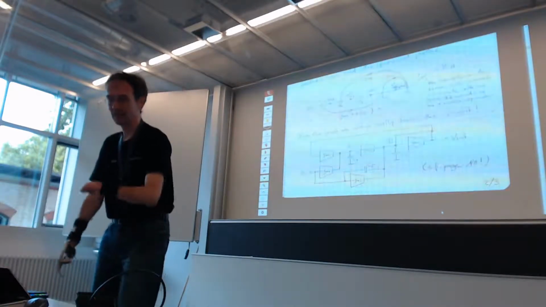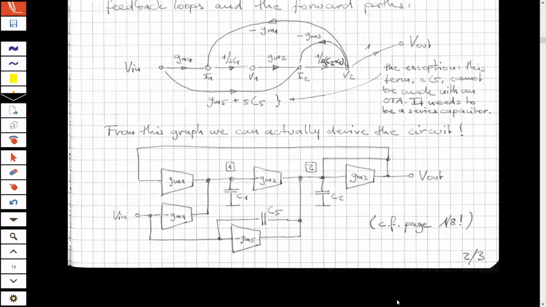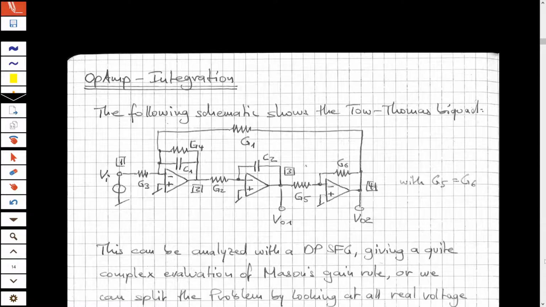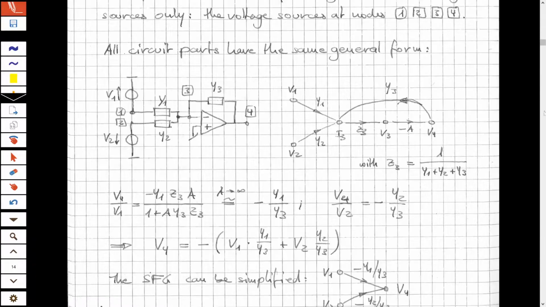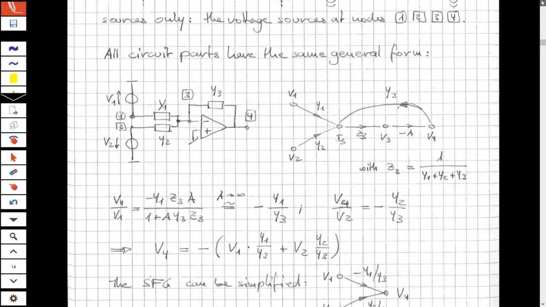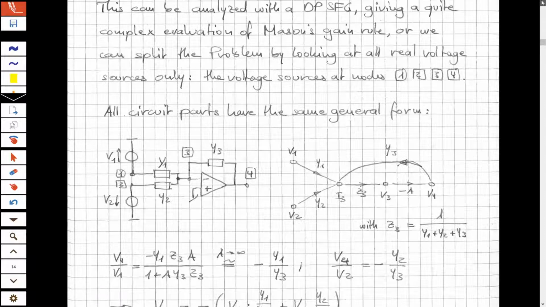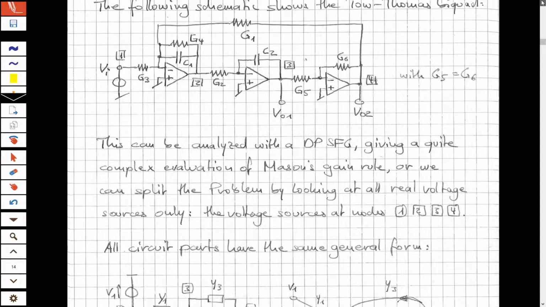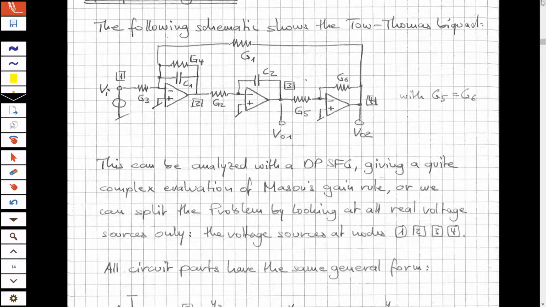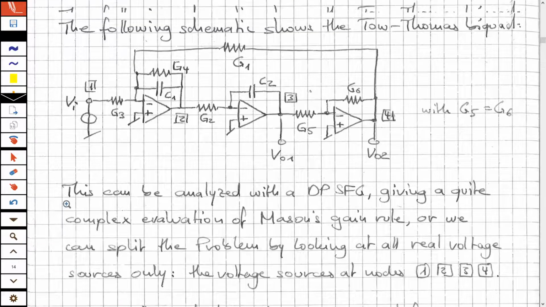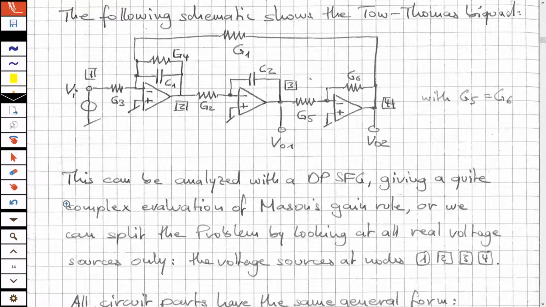So let's think about how to do a different kind of integrator. And of course, all of you who have seen integrators before have probably seen this kind of integrator here. That would be an integrator with an operational amplifier.